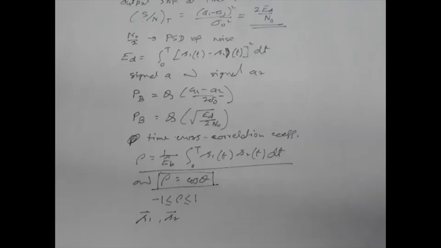So for small angular separation, the vectors are quite similar to each other, and for large angular separation, they are quite dissimilar. And from this equation, we can see that the cosine of this angle between these two signals is the cross correlation coefficient.